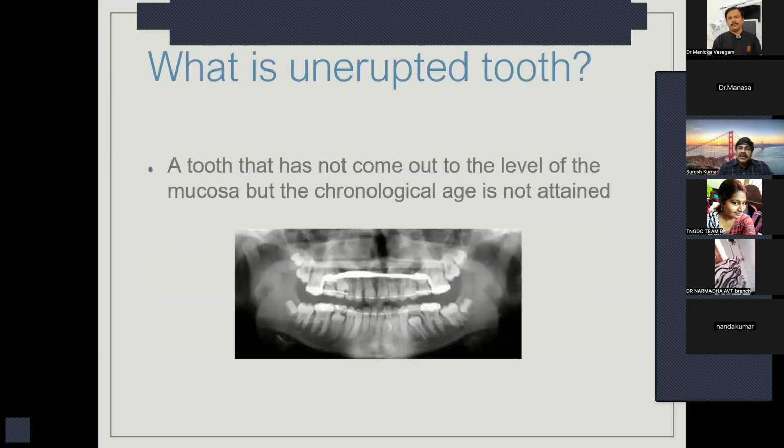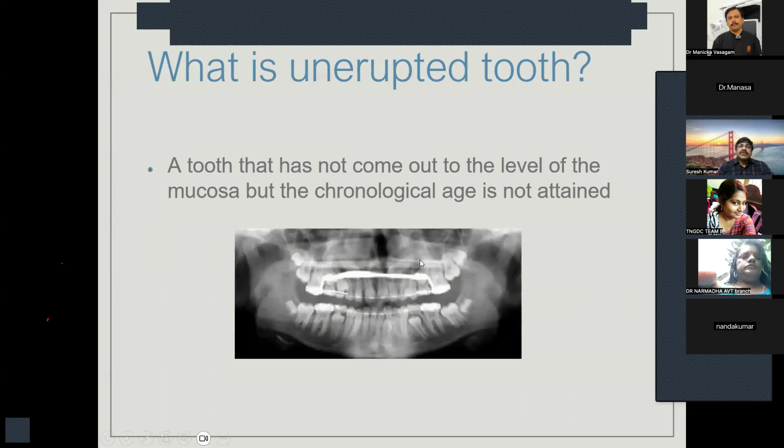So it is time to differentiate between an impacted tooth and an unerupted tooth. If you see this diagram, the lower wisdom teeth on either side are not... as an impacted tooth, you should only call it an unerupted tooth.